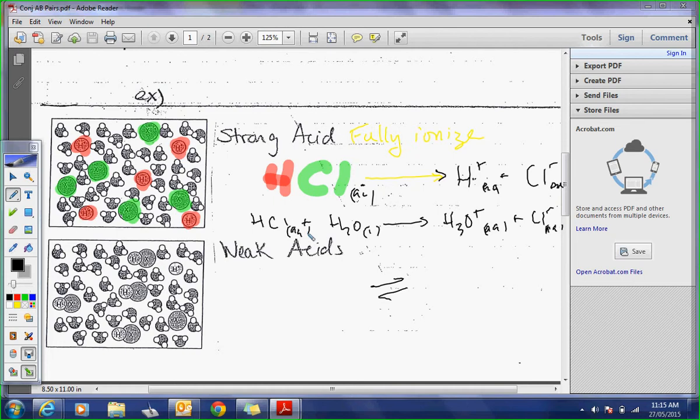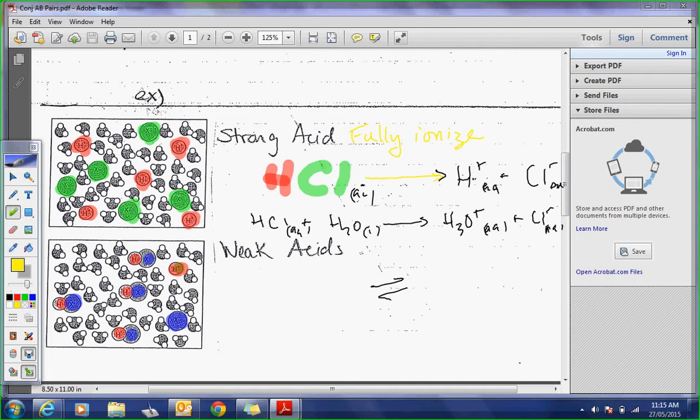Then the weak acid, try to find the H pluses here. There's one. Nope, that's it. Then we've got H, H, and H, and H, and your X's, there, there, there, there, and there. What's different about these pictures? There's only one that has ionized, and the rest have stayed together.